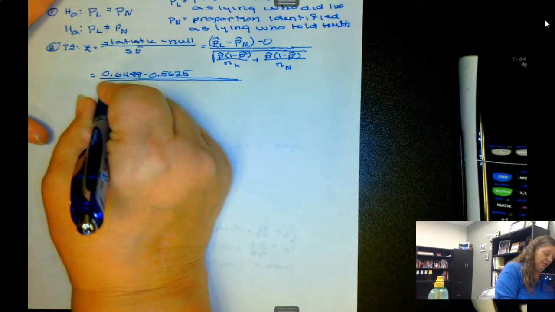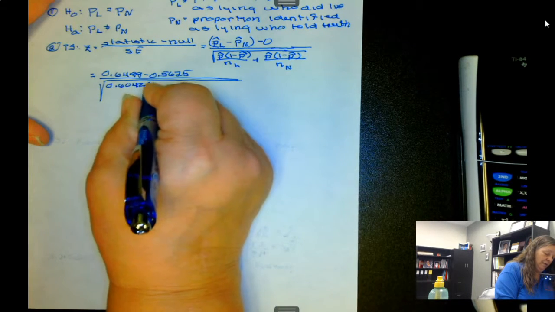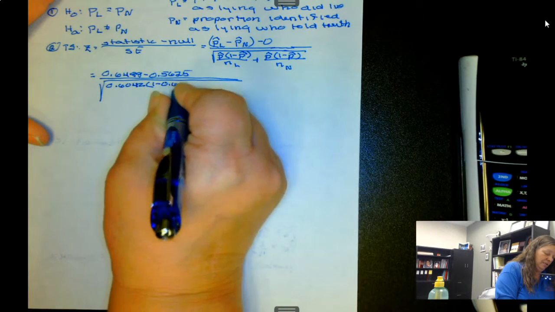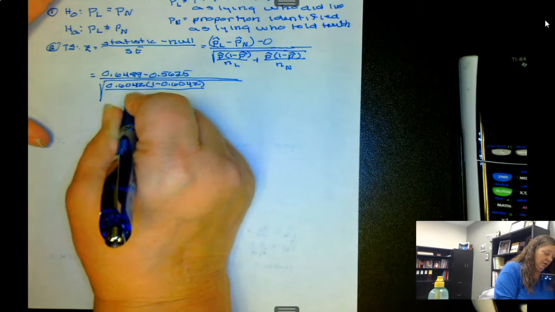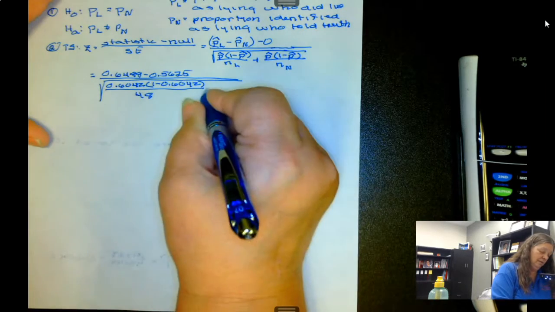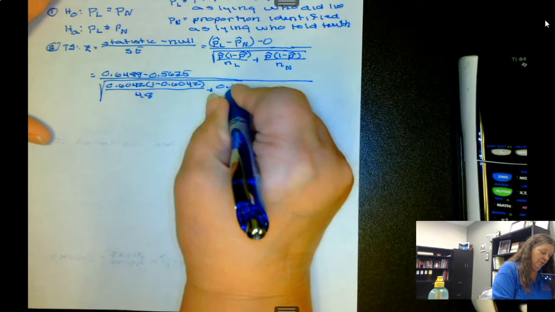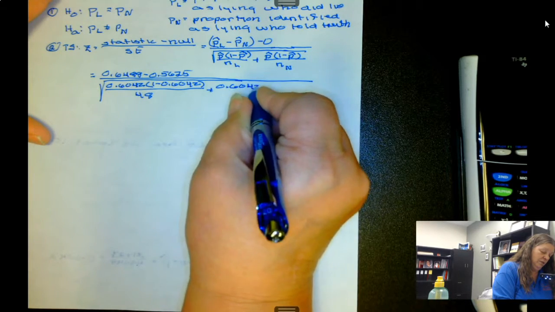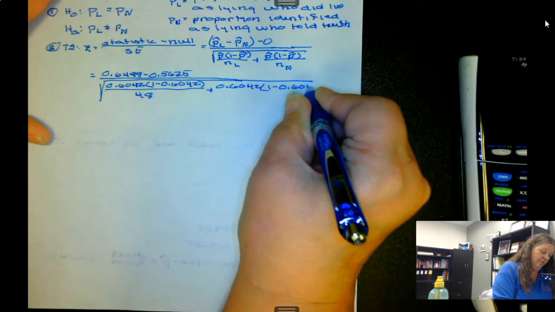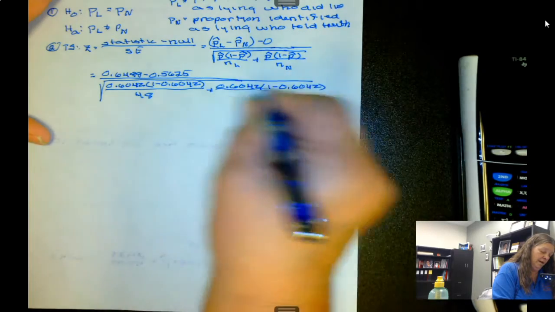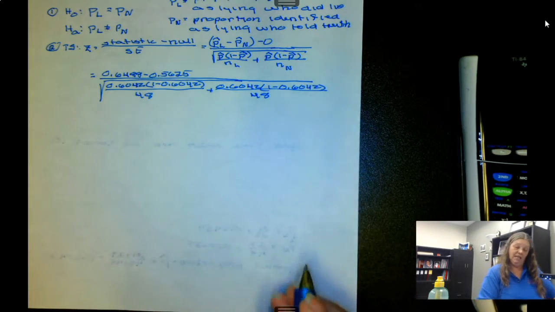So we have 0.6042 times 1 minus 0.6042 over 48, and 0.6042 times 1 minus 0.6042 over 48. In this case, both sample sizes are the same.